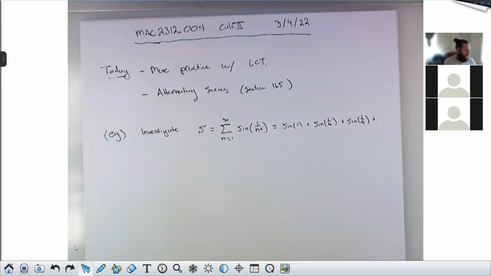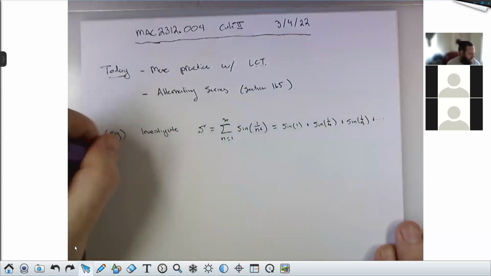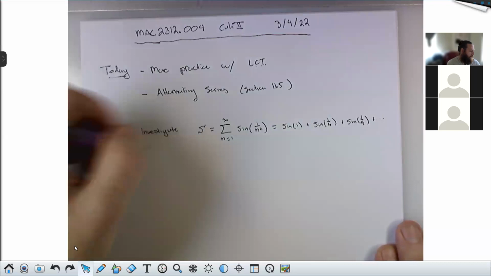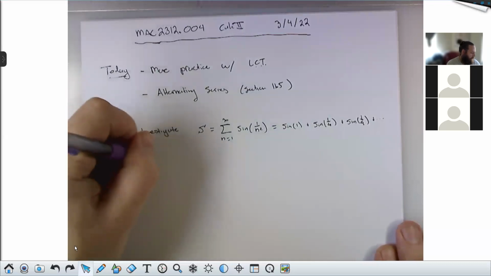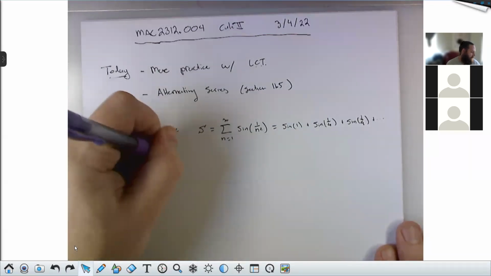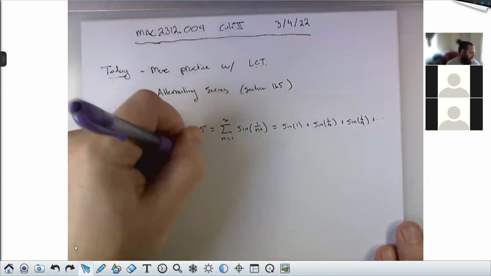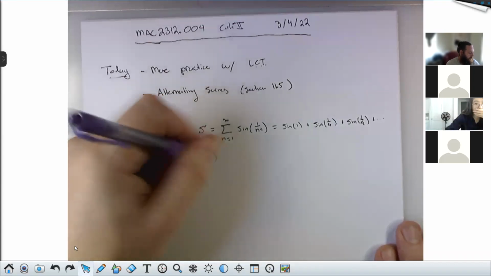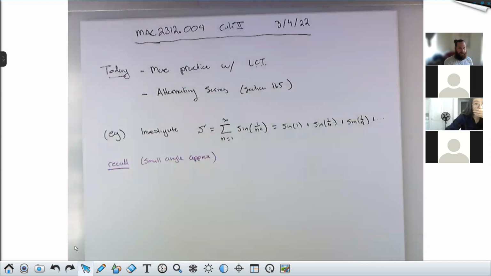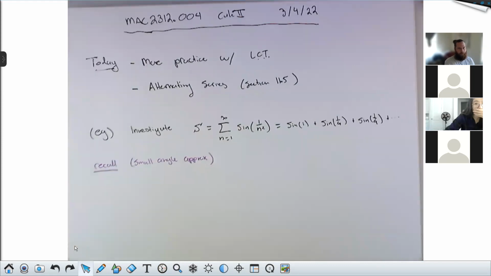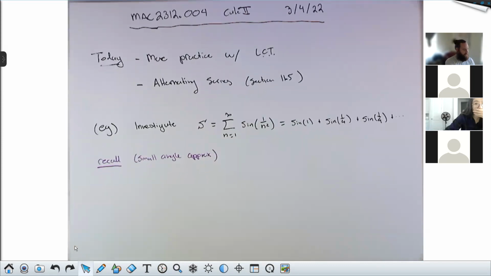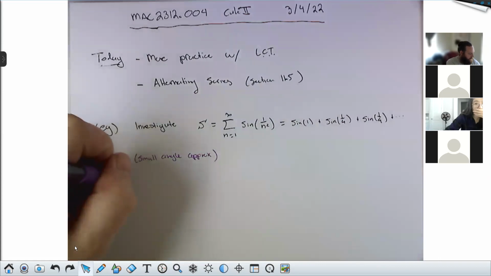You may recall something called the small angle approximation. In Calc 1, when you learn about linear approximation, if you want to approximate the sine function near 0, you get this thing.